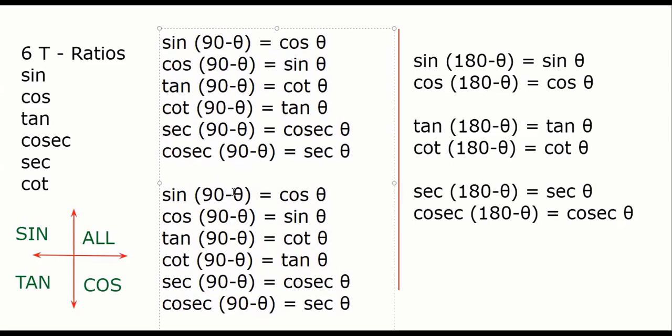If it is not 90 minus theta, it is 90 plus theta. So 90 plus theta will go to which quadrant? Second quadrant, right? Theta is between 0 and 90 only. So 90 plus theta will go to second quadrant. Second quadrant only. Sine is positive. So cos theta will remain as it is.